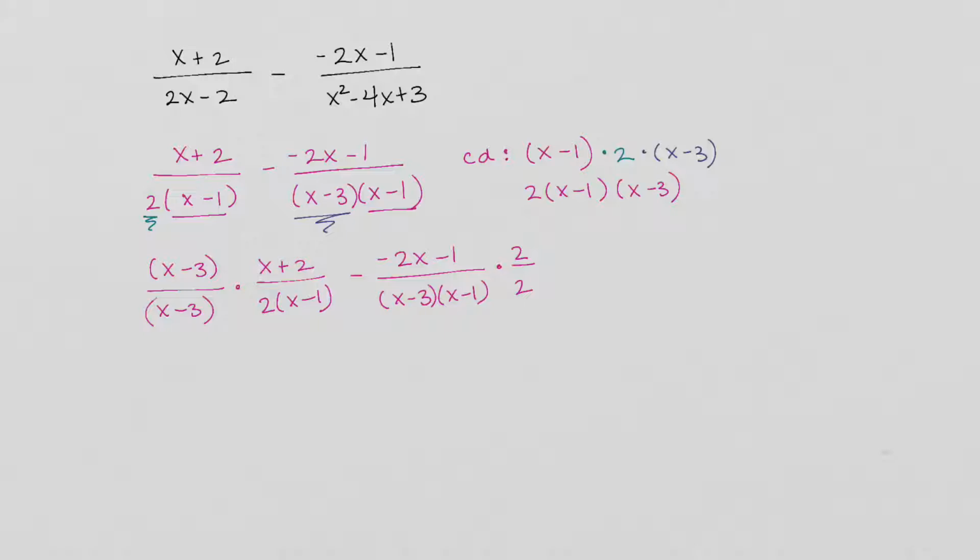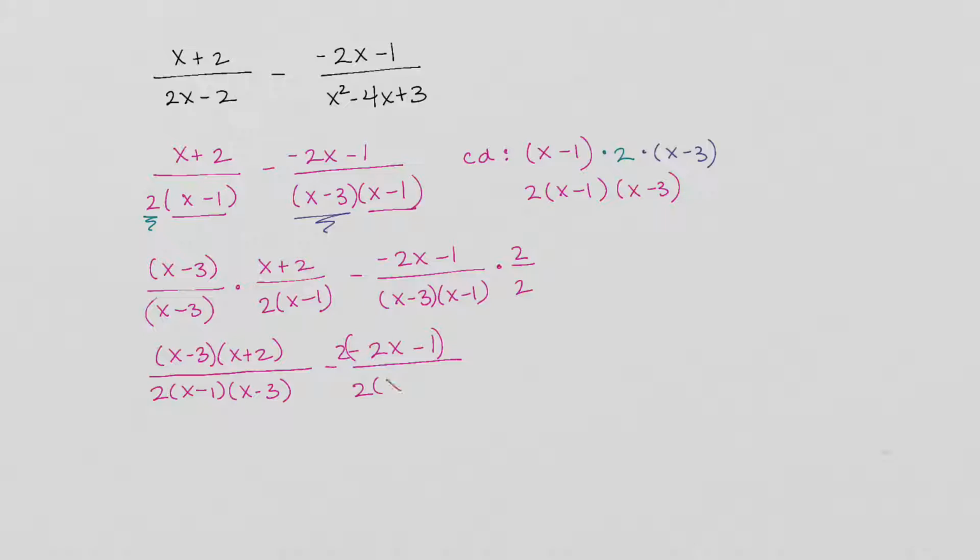When we do that, we get x minus 3, x plus 2, over 2, x minus 1, x minus 3, minus negative 2x minus 1, over, oh, I forgot my 2. Right there.